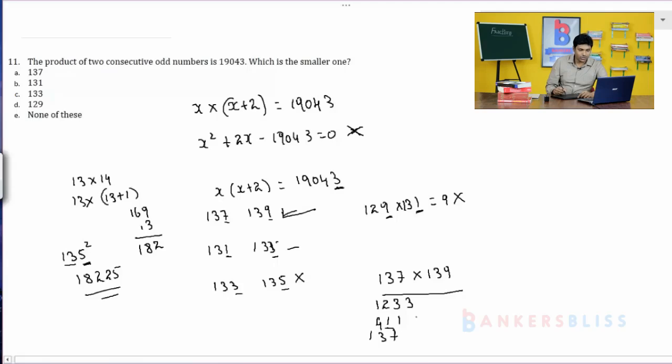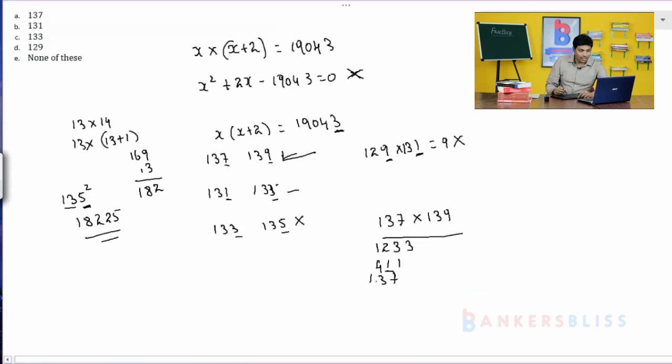So, after adding, how much do you get? 3, 4, 10, 1 carry over, 8 plus 3, 11, 3, 3 plus 1, 4, next 10, 1 carry over, 2, 6 plus 3, 9 and 1. So, 19,043 you are going to get. So, 19,043 for 137 into 139.